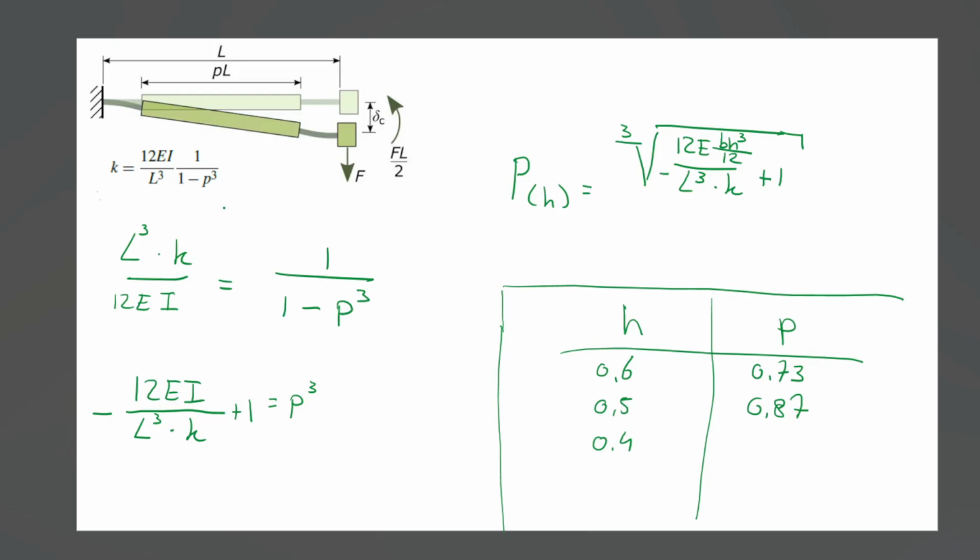There we go. So yeah, sorry, I was doing it correctly. So indeed, 0.6 comes to a value of 0.73.